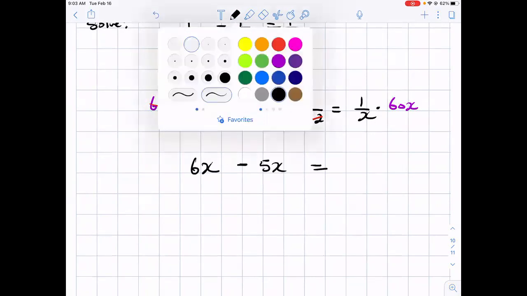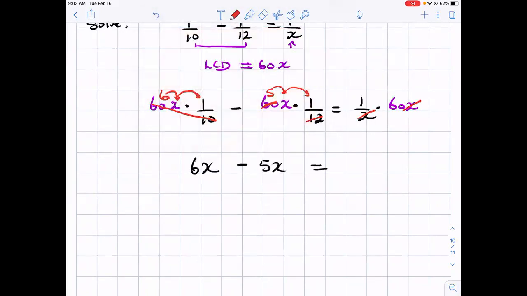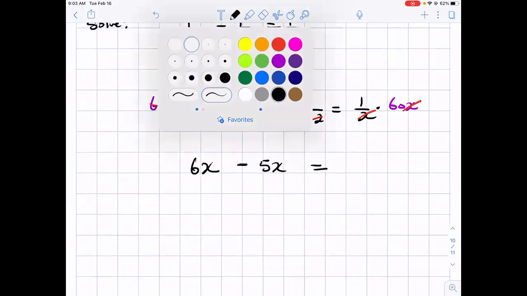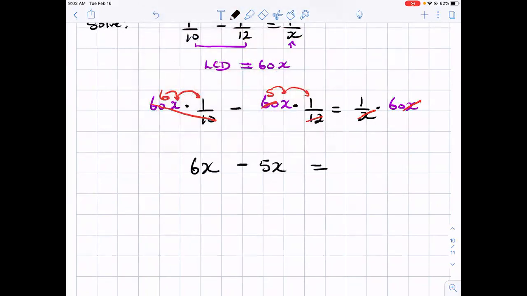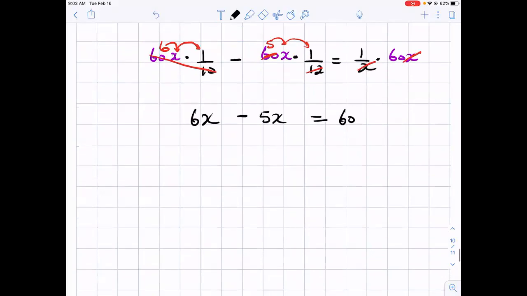And here, the x will cancel with the x, and that leaves me with 60. So like terms, 6x minus 5x is x, equal to 60.